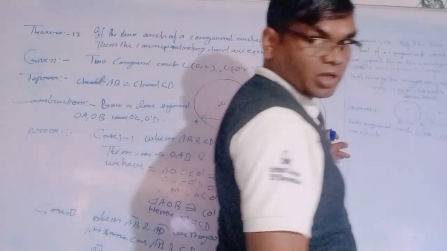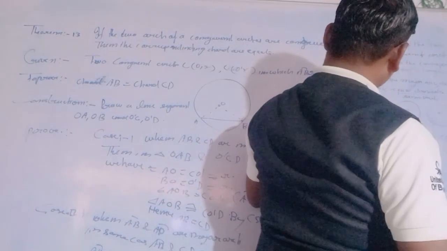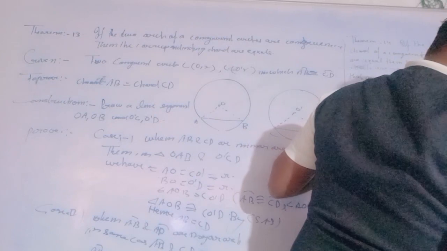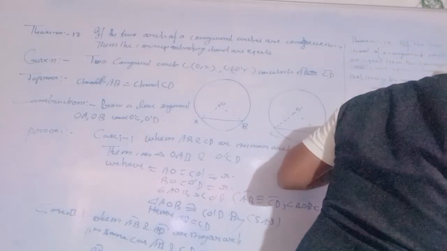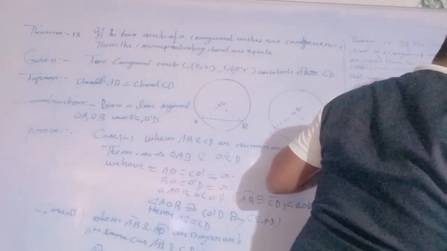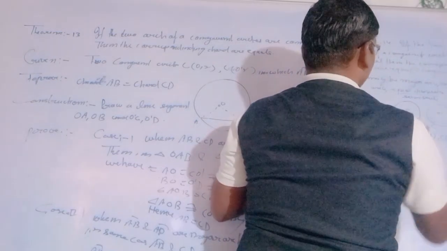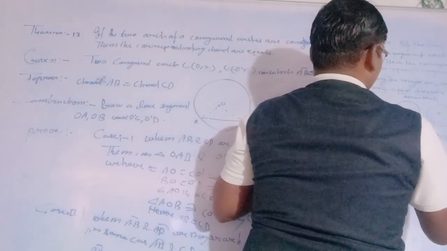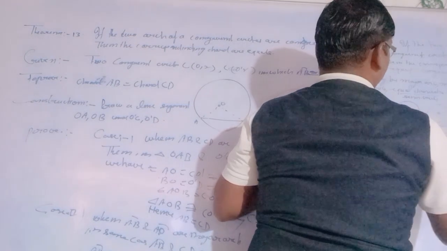So in two congruent circles, chord AB is equal to chord CD.